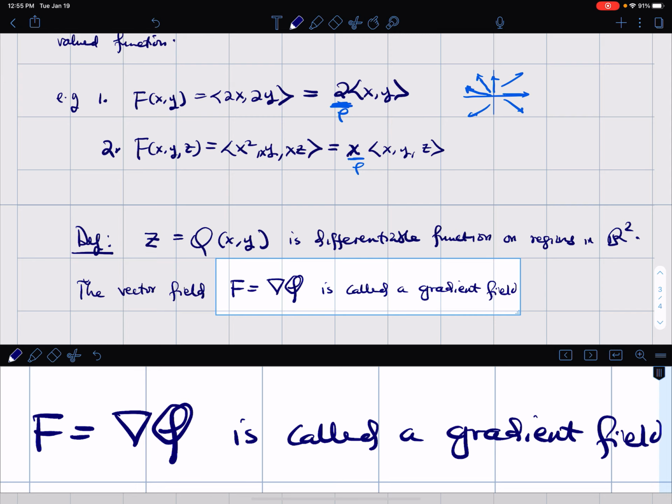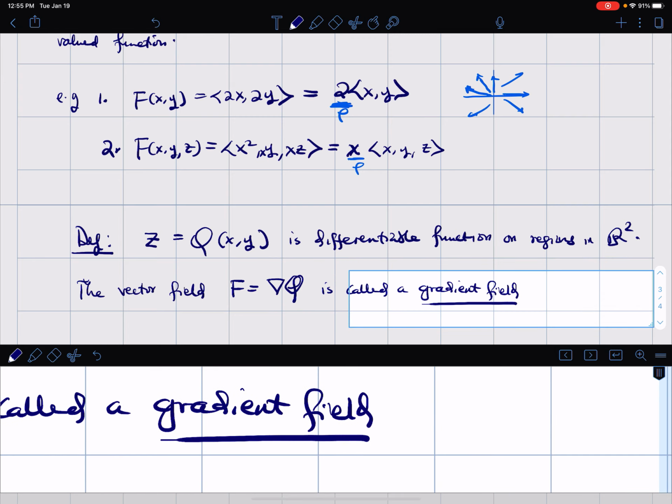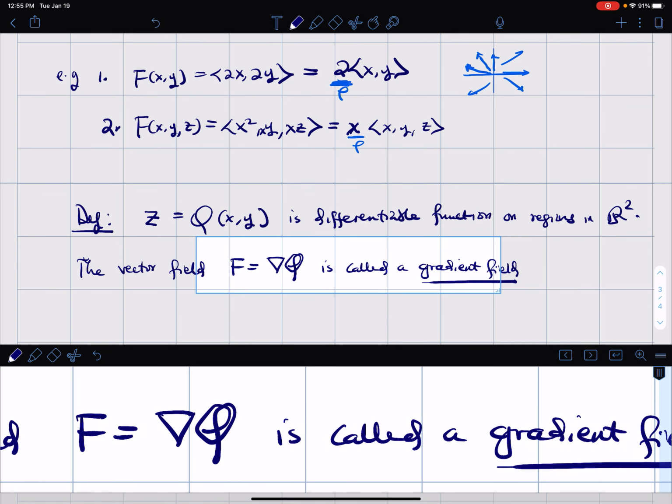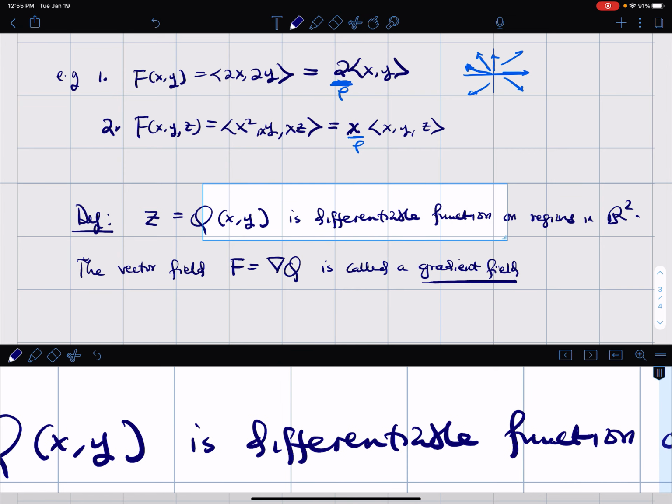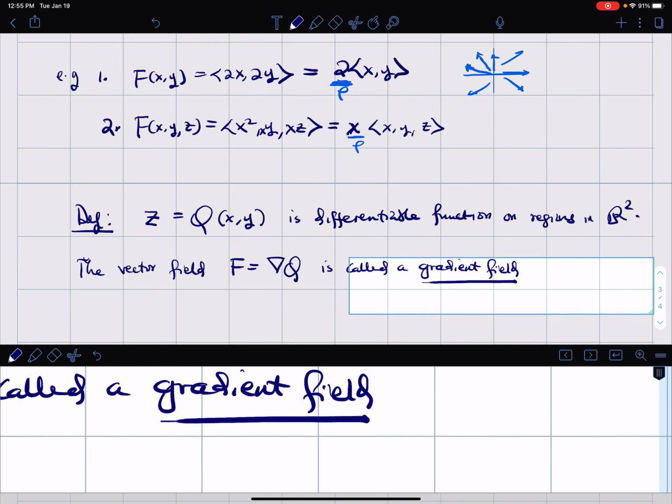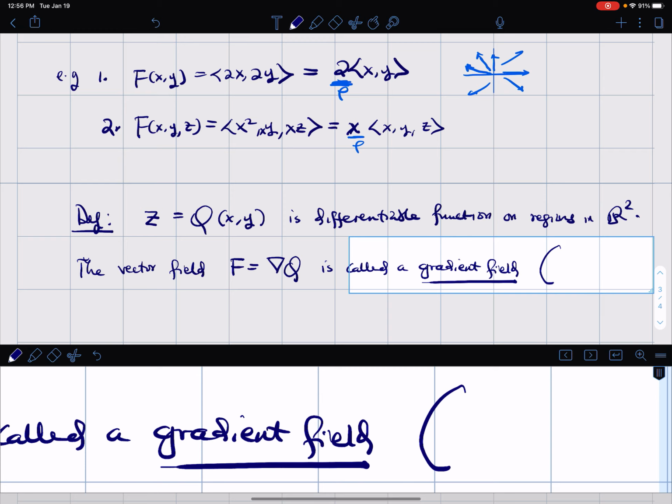So the definition should totally make sense, because you're just taking the gradient, and we know how to take gradients. So let me make this more general. Let's say phi of x, y, z. I'll write it for R2, but it also applies in R3.